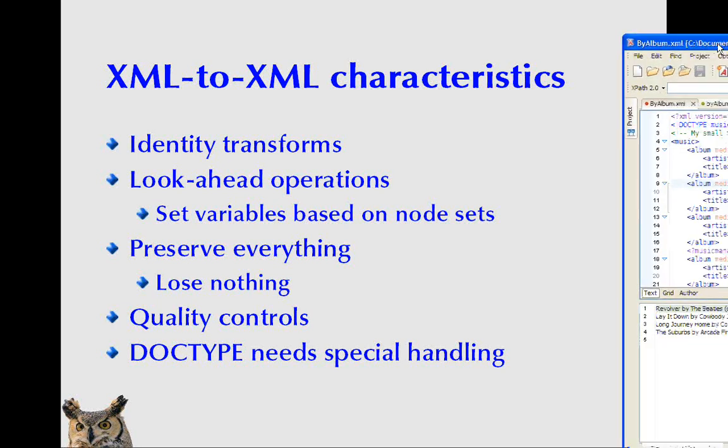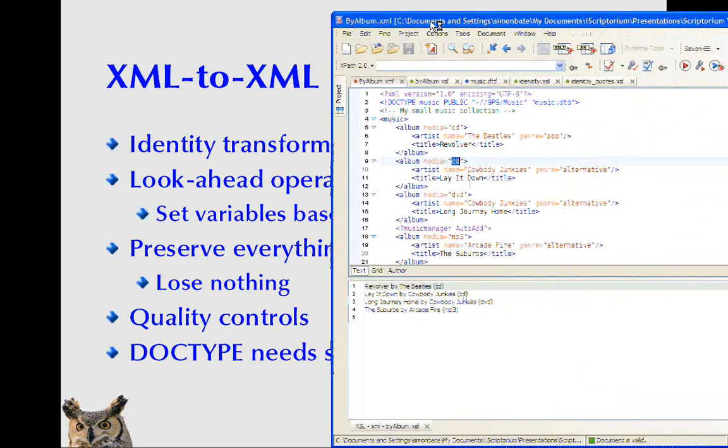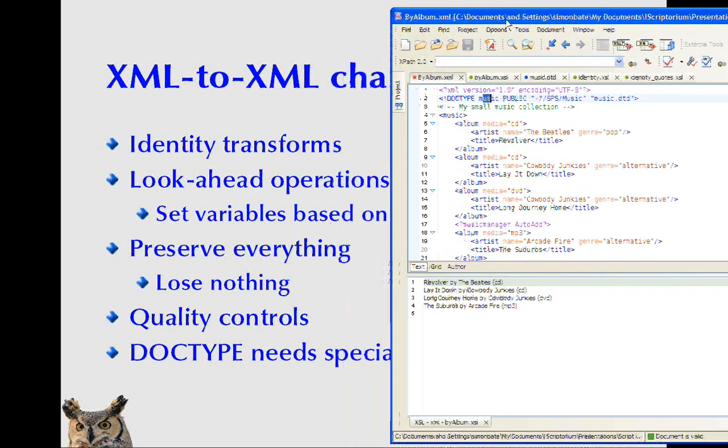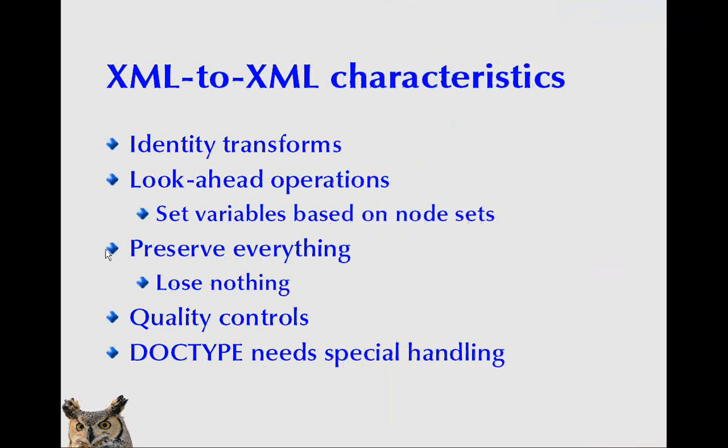The DOCTYPE declaration in our XML file is what told the parser or our validator which DTD file to use, or it told us what the information is within this document. Sometimes when you're doing XML to XML processing, the DOCTYPE is going to need special handling, and we're going to look at all of these in the next several minutes.